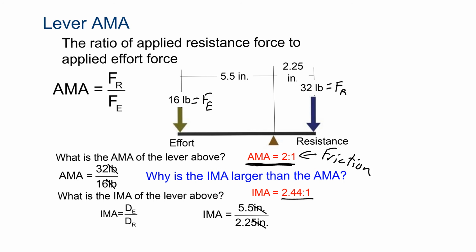So that should always be smaller than your ideal mechanical advantage. Every once in a while, if you get this to be bigger, something kind of went wrong, and my guess is at some point in this class you'll design a lever that something goes wrong, and I'll ask you to figure out why your ideal is less than your actual, but we'll get to that later.